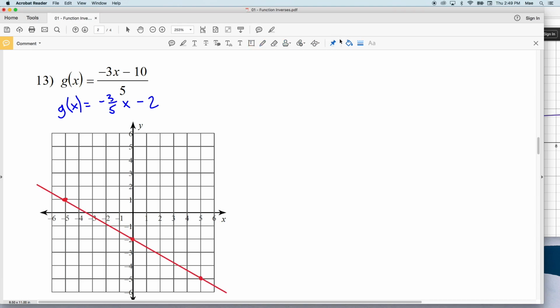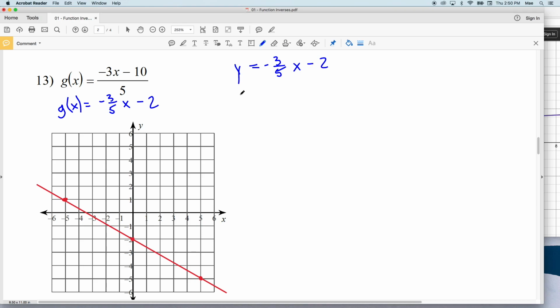Now let's go ahead and find that inverse function. Switching x and y, and I can use either equation. So let's go ahead and use this bottom equation that's in slope-intercept form. I'm going to plug in y for g of x, so I'll have -3/5 x minus 2.